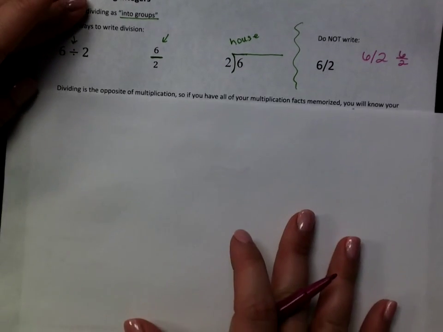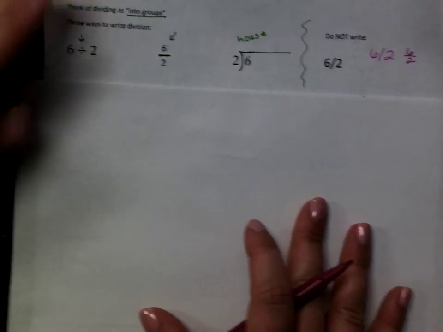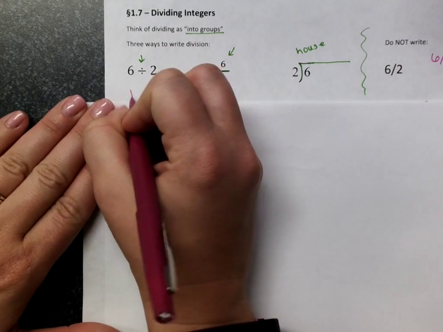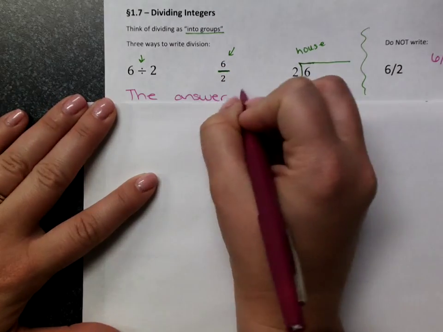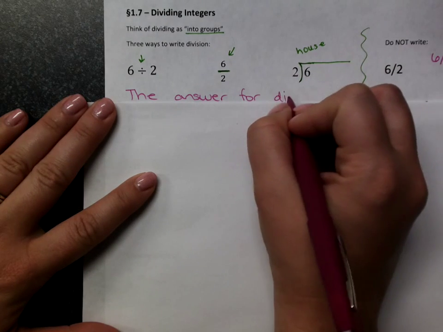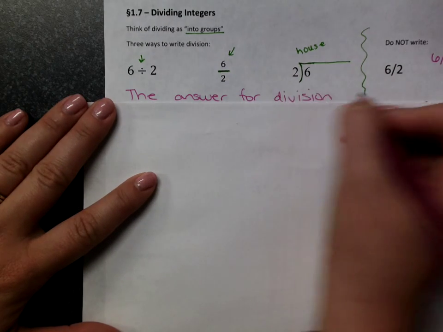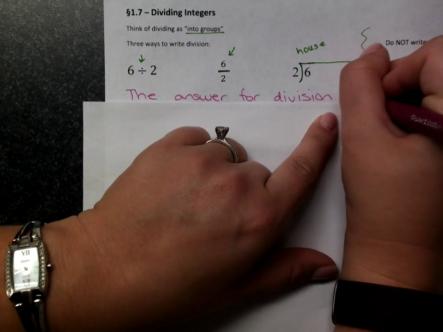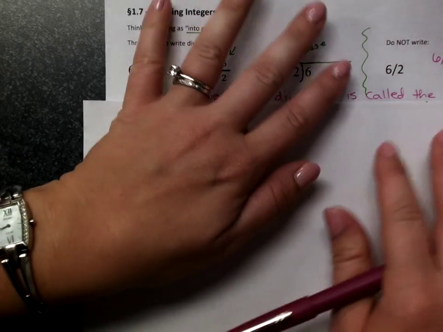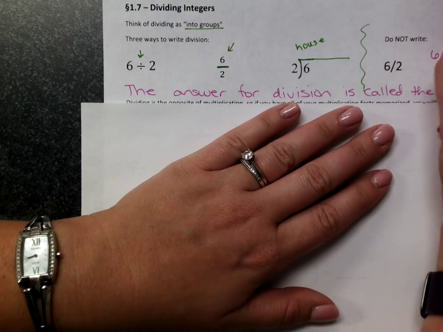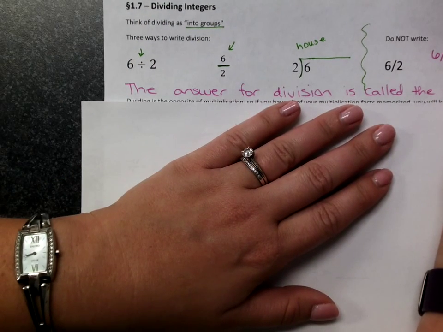All right, and I think I did not put this on here. The answer for division has a very strange name. The answer for division is called the word is very strange, quotient. You might have heard that before.